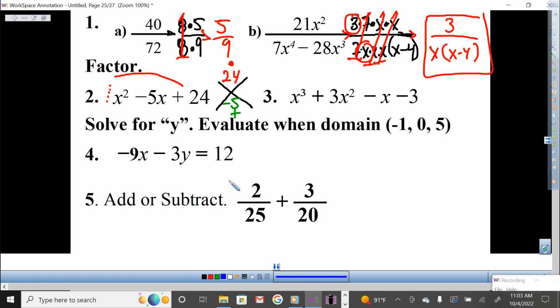Anything? 1 times 24, 2 times 12, 3 times 8. Let's see, 3 times 8 is 24, but if you add them, that's 11, so it doesn't work. Can we make one of them a negative? If we do, the sum would be off, so we can't. So is there anything? Let's write non-factorable.